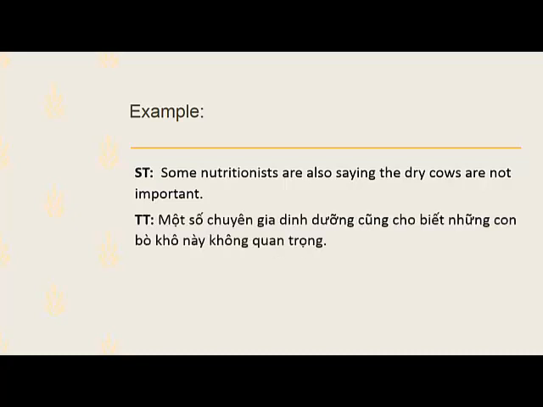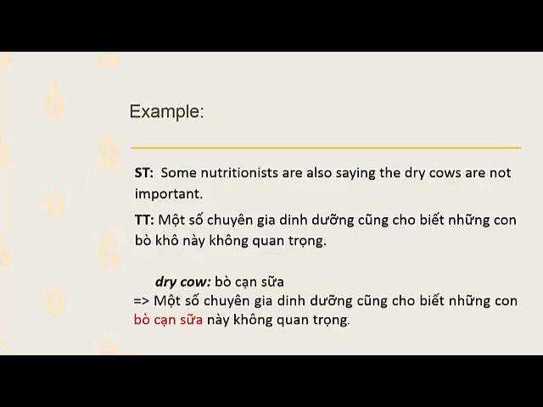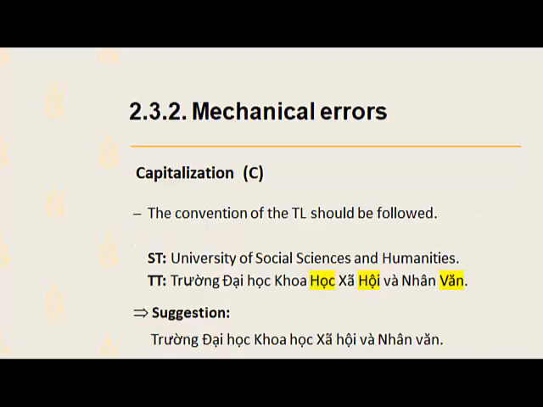And the target text: một số chuyên gia dinh dưỡng cũng cho biết những con bò khô này không quan trọng. In this case, dry cow means bò cạn sữa, not bò khô. So the suggestion should be: một số chuyên gia dinh dưỡng cũng cho biết những con bò cạn sữa này không quan trọng.